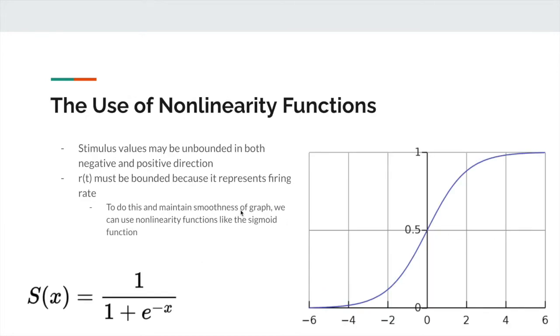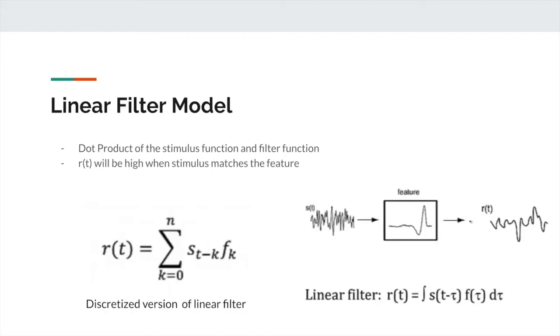One small note though, when we use the linear filter model, it might be the case that sometimes the stimulus function or the resulting R of t value may be negative depending on the value of the stimulus, right?